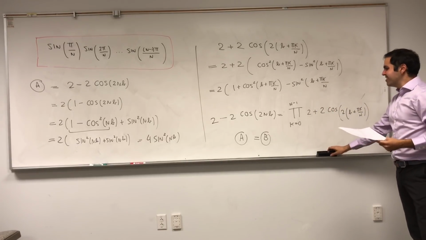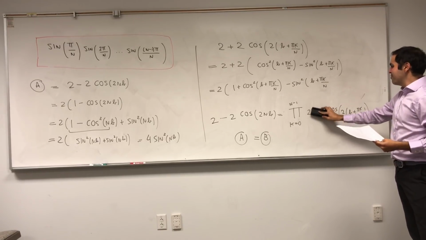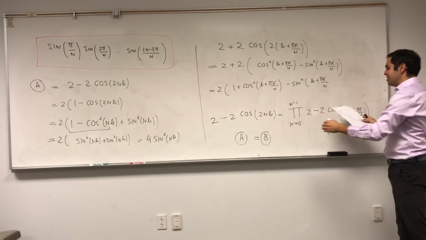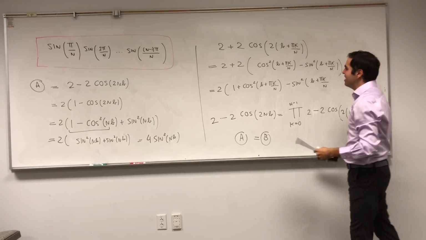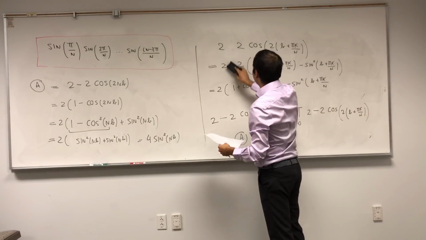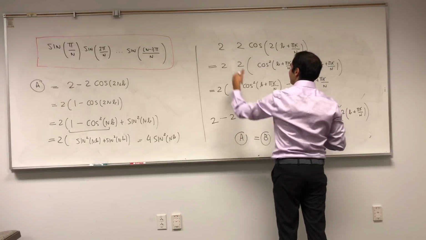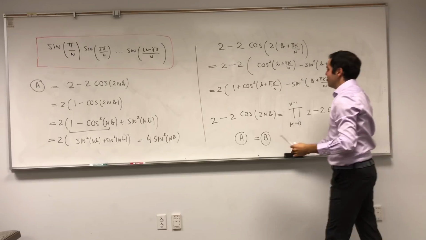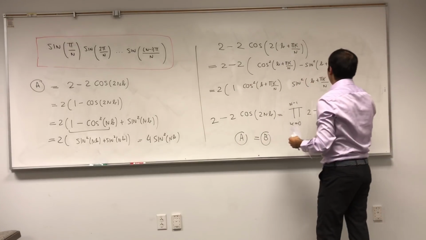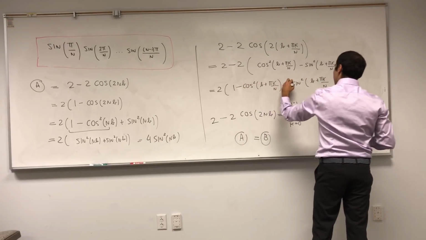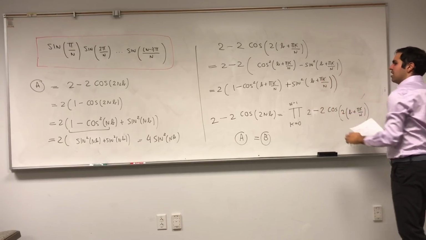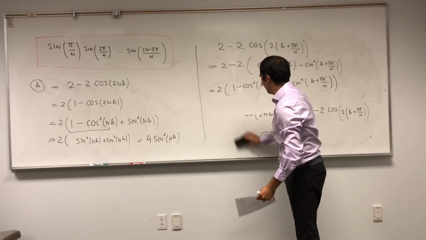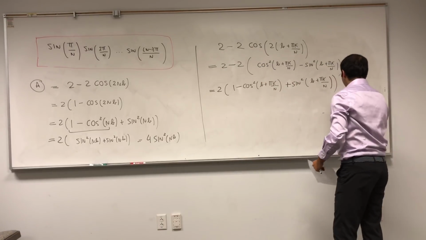I apologize, there's a small typo here. I think at some point this was supposed to be a minus because we had x to the 2n minus 2x to the n. So this really becomes minus and minus. So sorry. Minus this, minus that, so it becomes 1 minus cosine squared plus sine squared. And now it simplifies, because I was thinking there should be a sine squared somewhere, but there is.